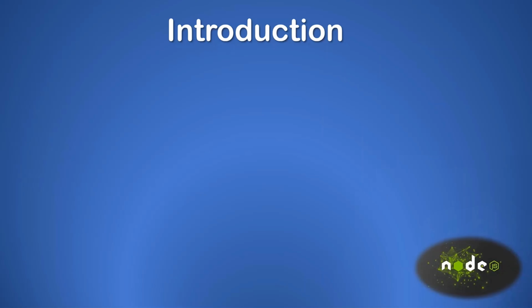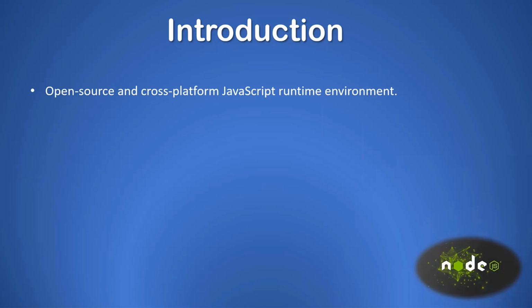This first slide contains a brief introduction of Node.js and its features. Node.js is an open source and cross-platform JavaScript runtime environment. As the name says, open source means it allows any developer to download it and start working on it immediately.